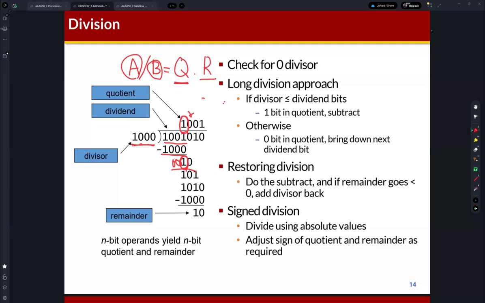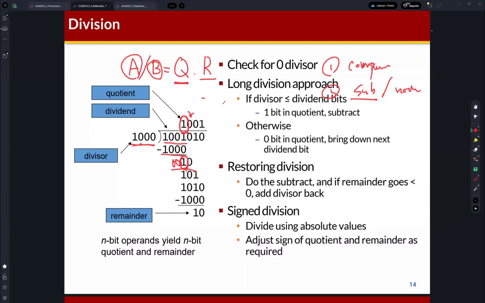So what can you observe? For the division operation, we first require a comparison. And based on the comparison result, we can perform subtraction or nothing. So what is required?